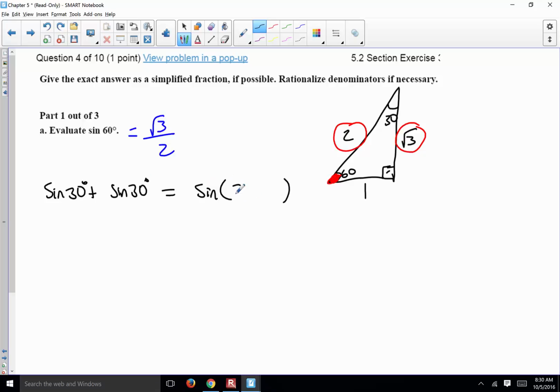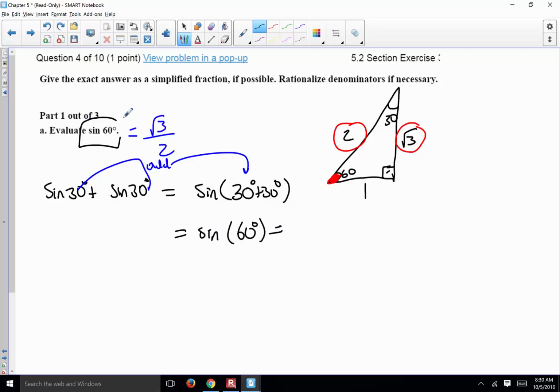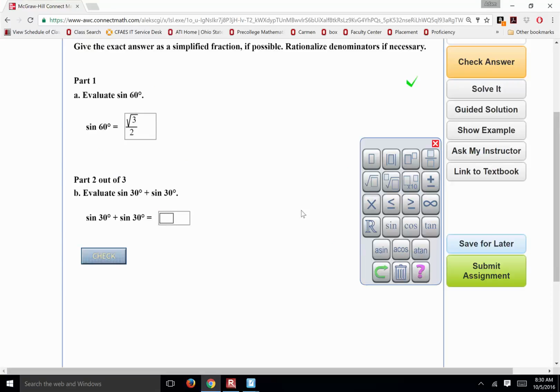Can't we add them like this? 30 plus 30, right? I add these, and it is sine 60, and we already found out what sine 60 is, which is root 3 over 2, right? We can all go to the next question. It's just the same answer.